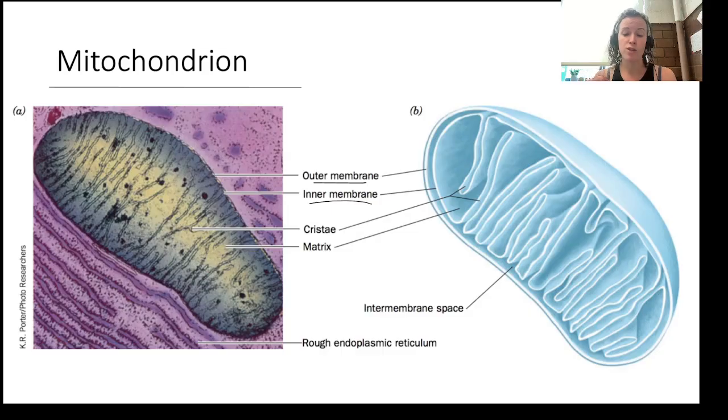And the inner membrane folds in on itself, giving us more surface area to work with. Within that inner membrane is the matrix. Between the inner and outer membrane is the intermembrane space. These are all good things to know and to visualize as we talk about the various metabolic pathways.